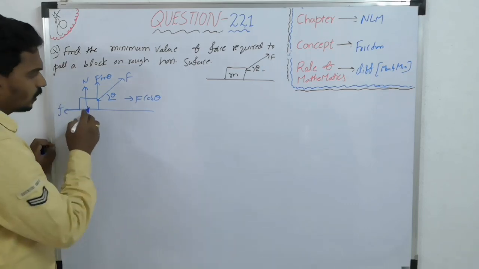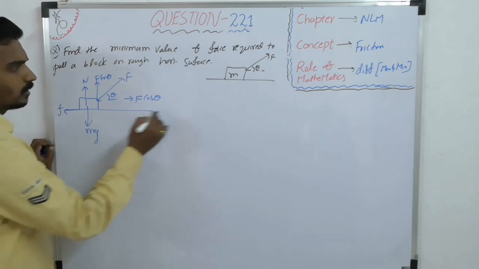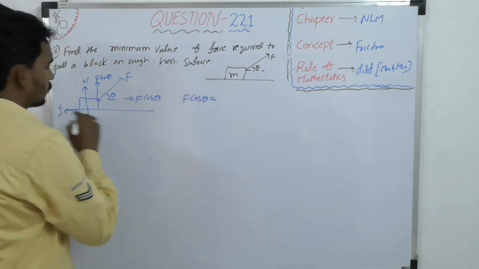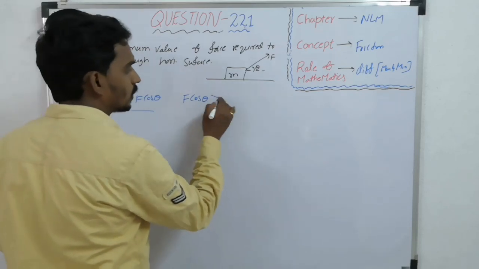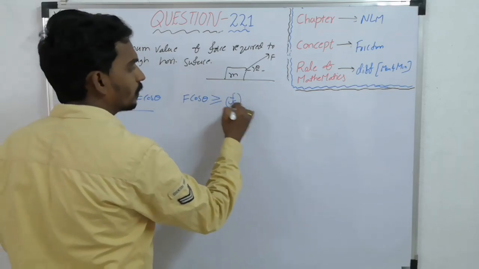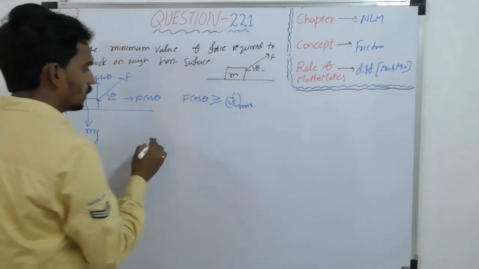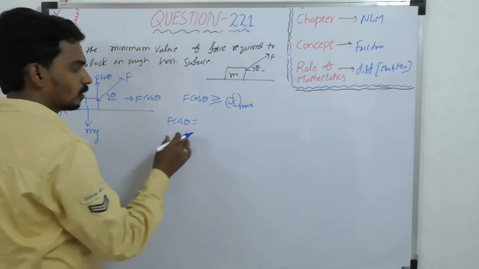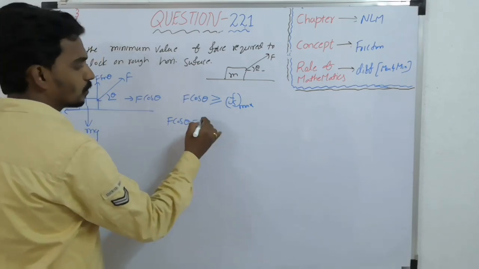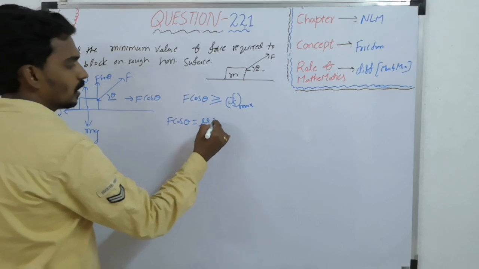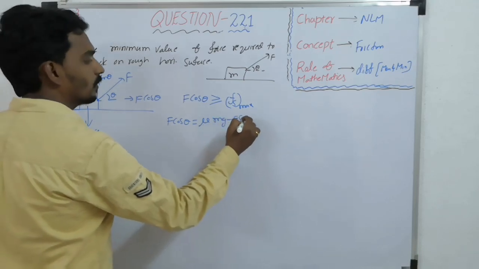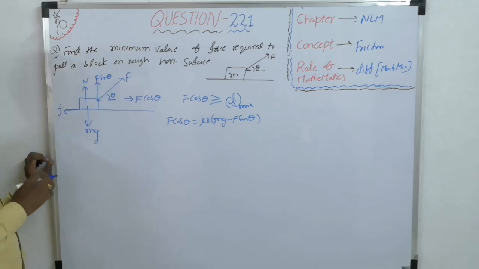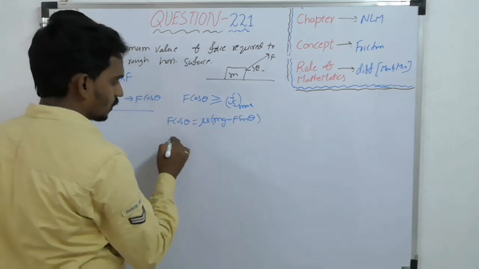Now, for the block to move, F cos theta should be greater than or equal to Fs max, the limiting friction. That is, F cos theta should be at least equal to mu N, where N is mg minus F sin theta. Here N plus F sin theta is mg, so N is mg minus F sin theta.